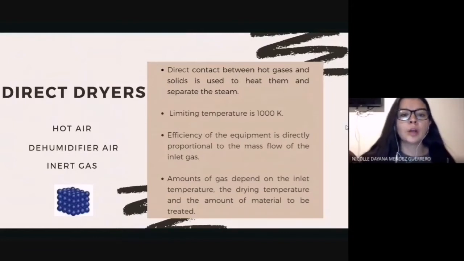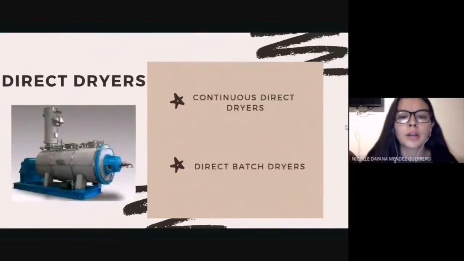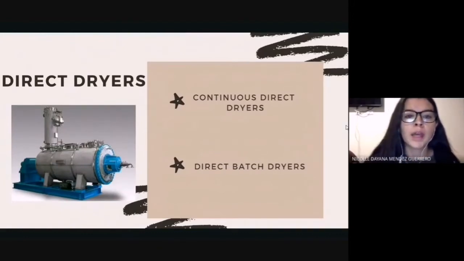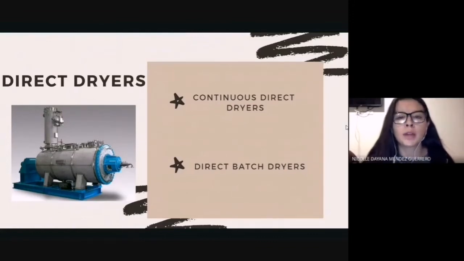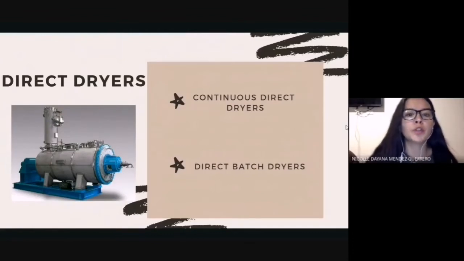The general operating characteristic of these dryers is direct contact between hot gases and solids, used to heat and separate the steam. There are limited batch temperatures of 1000 Kelvin because it is the one that can withstand almost all structural materials. The efficiency of the equipment is directly proportional to the mass flow of the inlet gas.